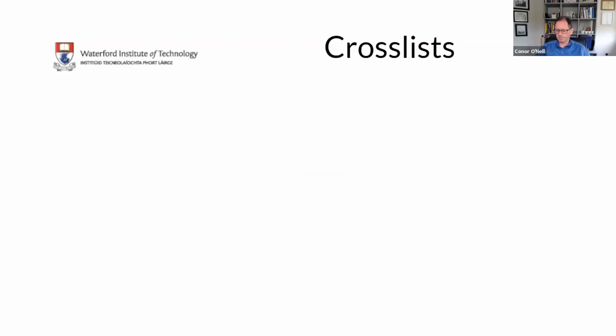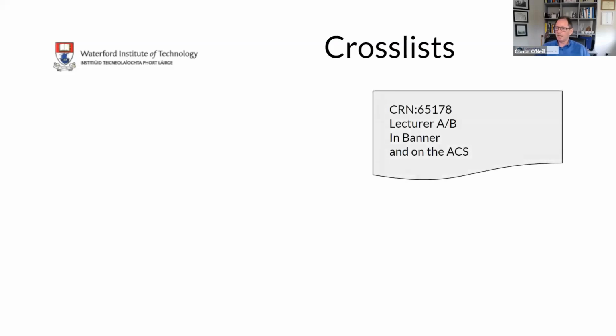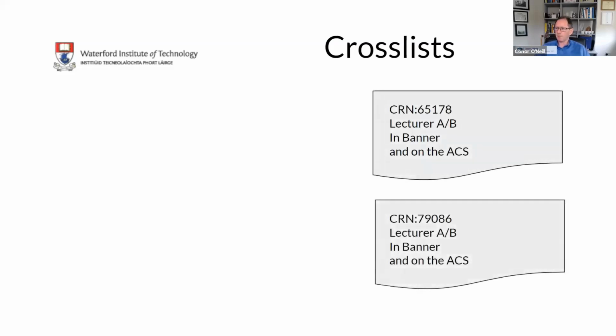Cross lists. Okay, so sometimes we'll get a request for a cross list, and a cross list is kind of like the opposite of a split. What we will have is 2 modules in Moodle, we'll say 65178 and 79086, and 1 lecturer or maybe 2 lecturers have been allocated to this.